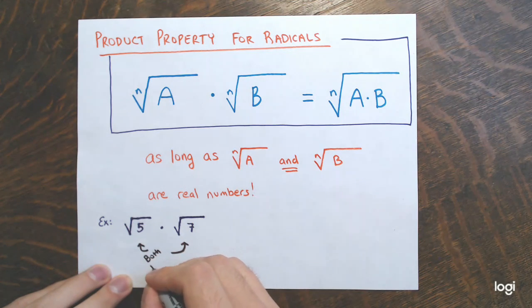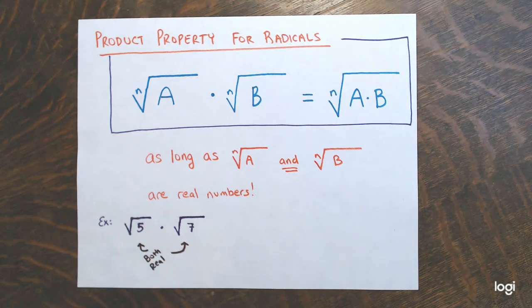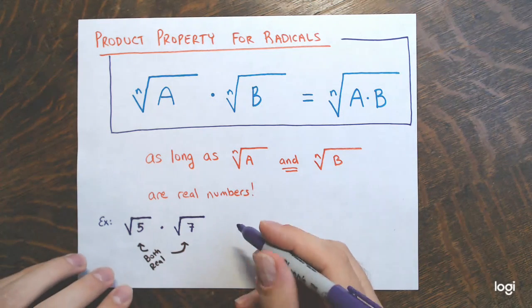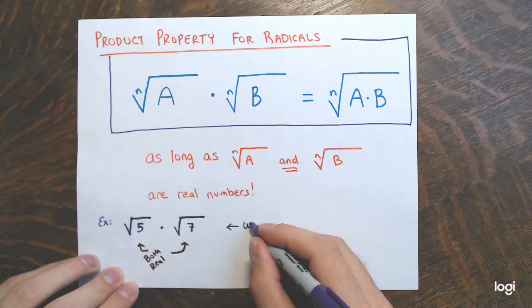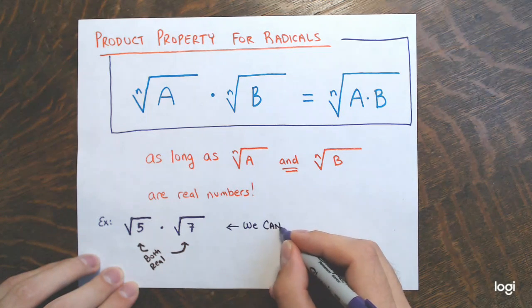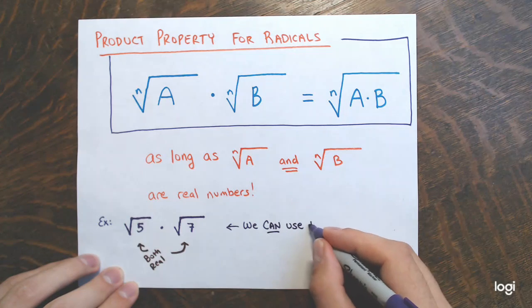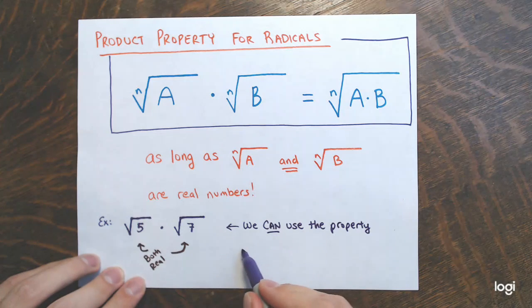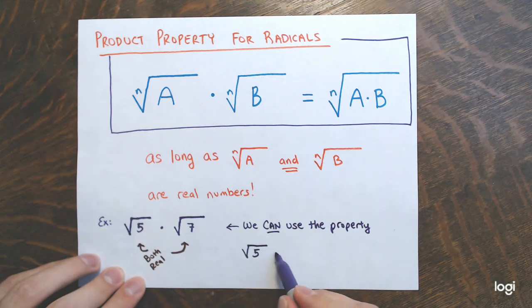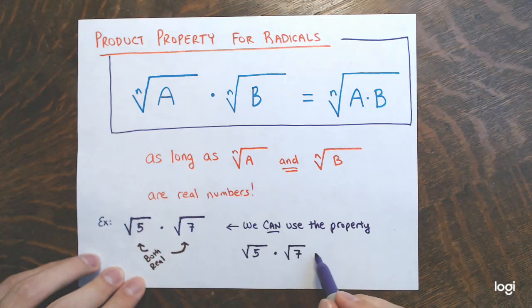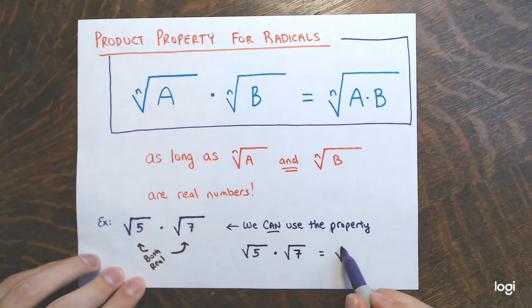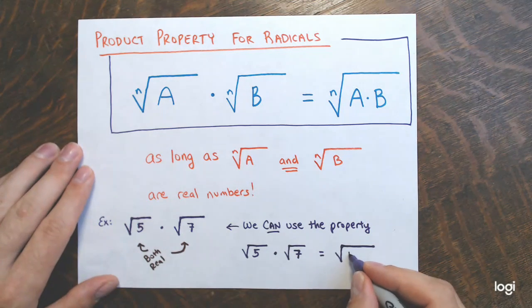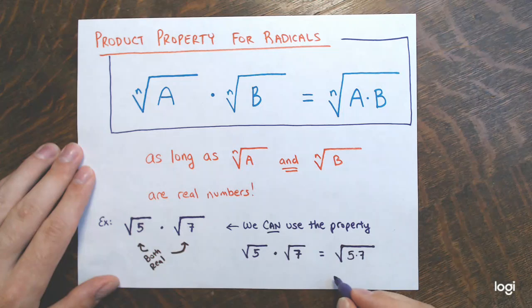So these are both real numbers, and in this case we can use the property if we want to. The square root of 5 times the square root of 7 is equal to the square root, notice again the same radical throughout, of 5 times 7 as the new radicand, or just the square root of 35.